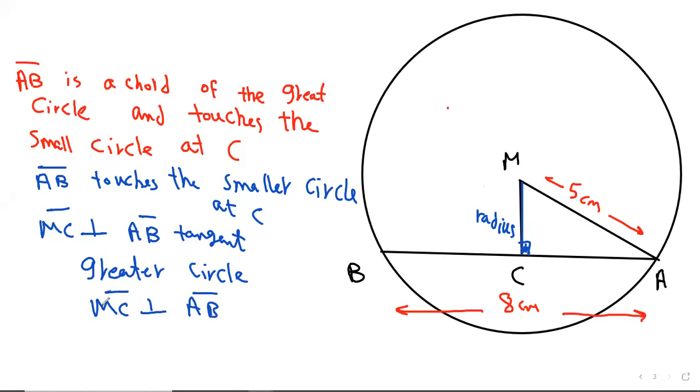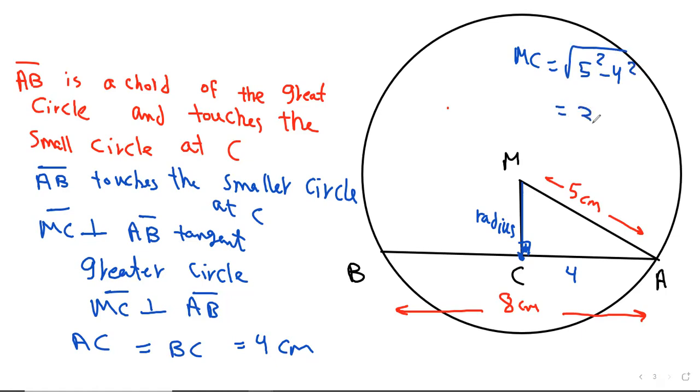That leads to a midpoint here. So C is the midpoint of AB. So AC equals BC, which is 8 centimeters divided by 2, equals 4 centimeters. We can get MC by using Pythagoras. MC equals the square root of 5 to the power of 2 minus 4 to the power of 2, the square root of 9, which is 3 centimeters. That's it.